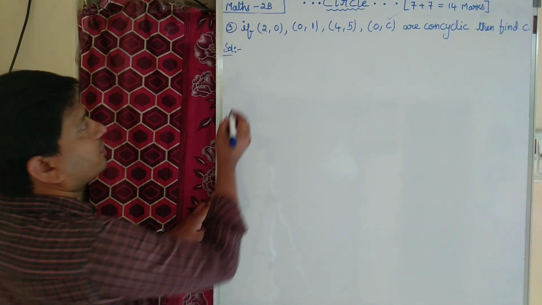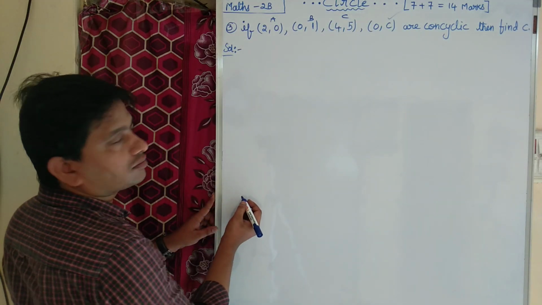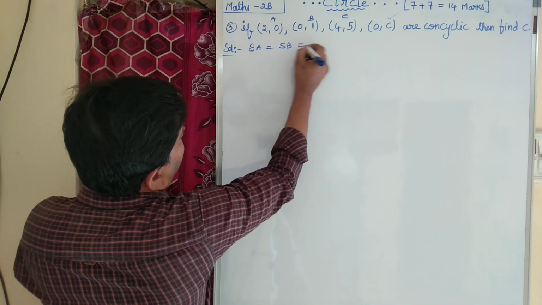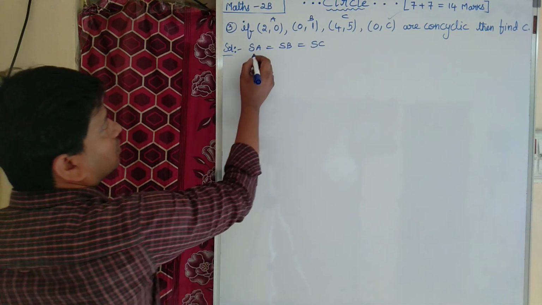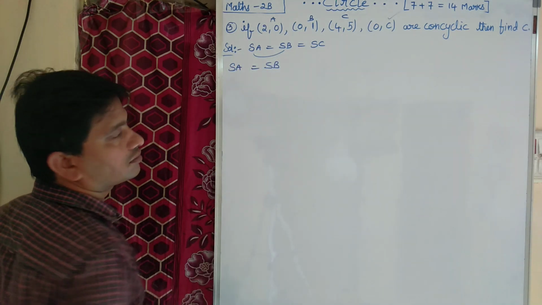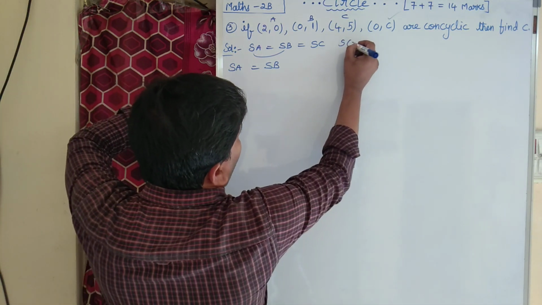Then what to do? We need to consider the given points as A, B and C. Again, the distances SA, SB and SC. First we need to consider SA equal to SB. So what is S, children? Let S be x comma y.